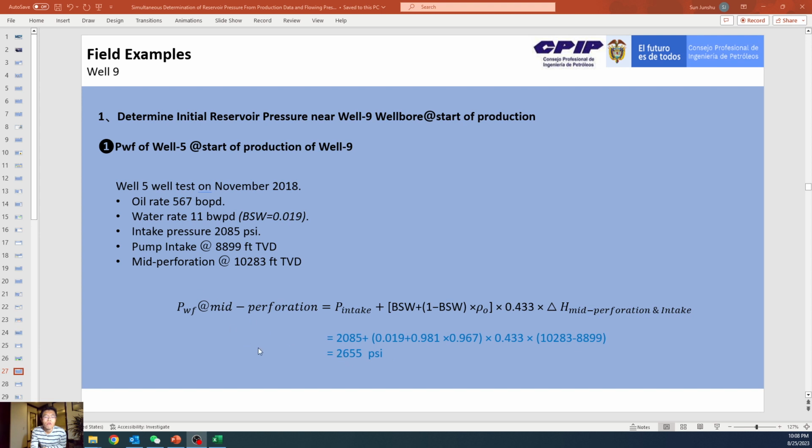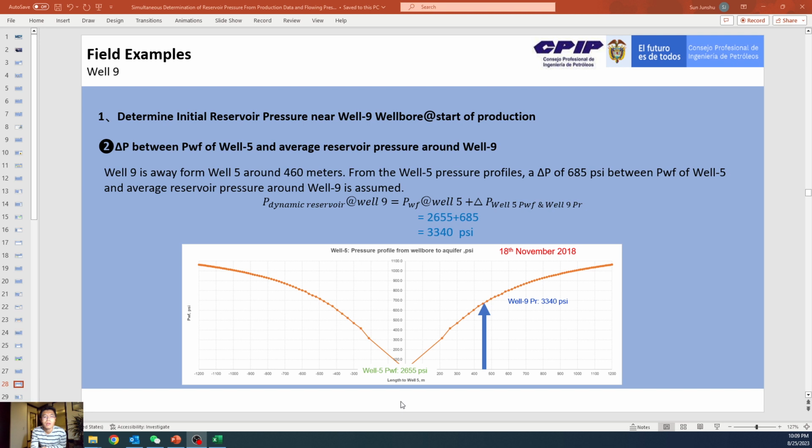So the flowing pressure of well 5 in November 2018 is 2,655 psi. That is the well number 5 flowing pressure.